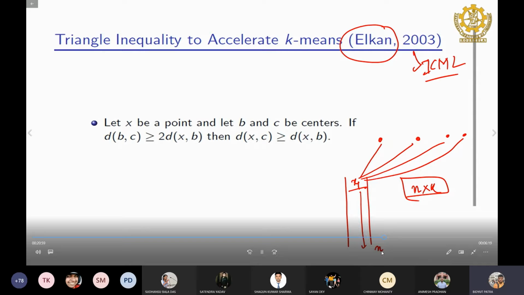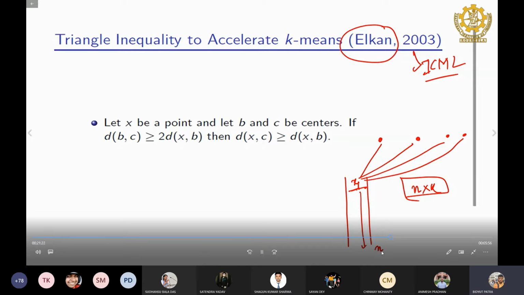He said there is no need to do the computation from each point to all the centroids. Let's say we use k-means as a pre-processing step. You have, say, 10 million data points and the k value is, say, 1000, because you are using k-means as a pre-processing step.